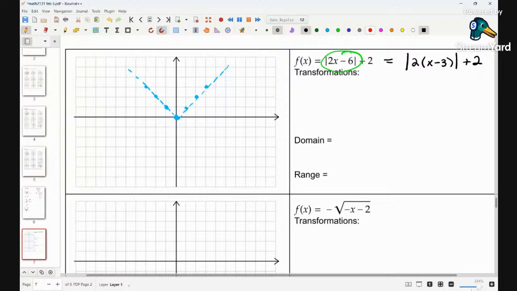If you don't factor, you're not going to get the right answer. It's going to be to the right 3 units. We'll see on Desmos. That's the only way I can prove it to you. Factor and now apply our transformations. Here we go. Inside multiplier of 2 means I'm going to zoom in on this.